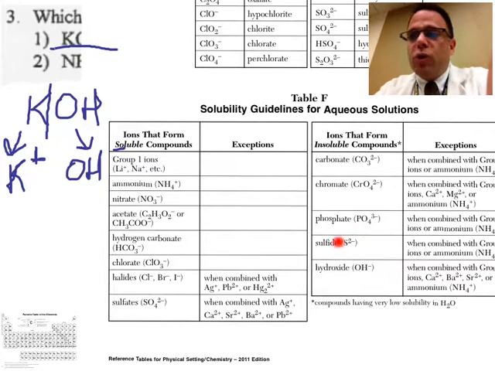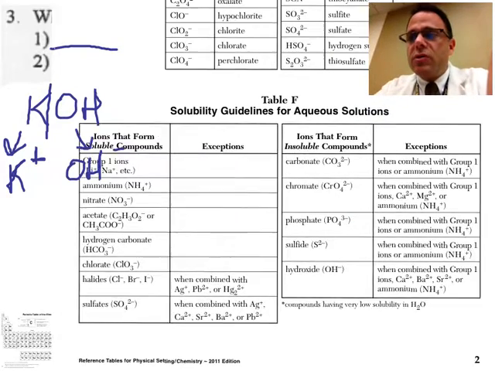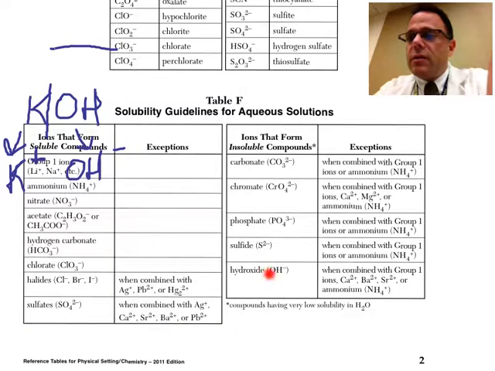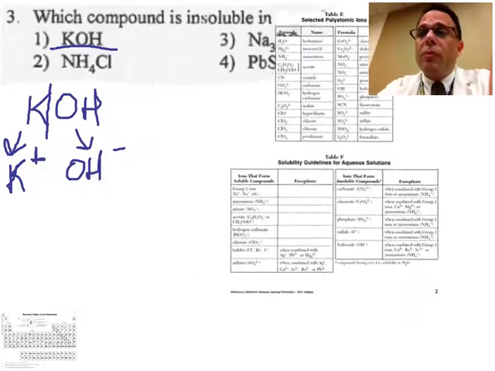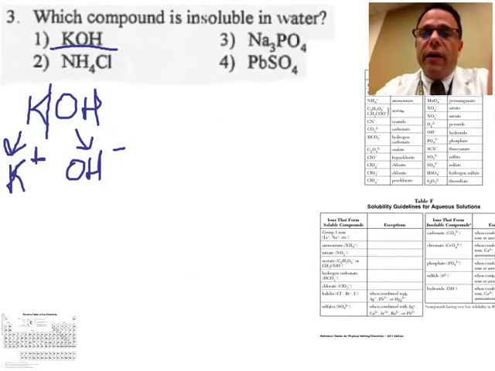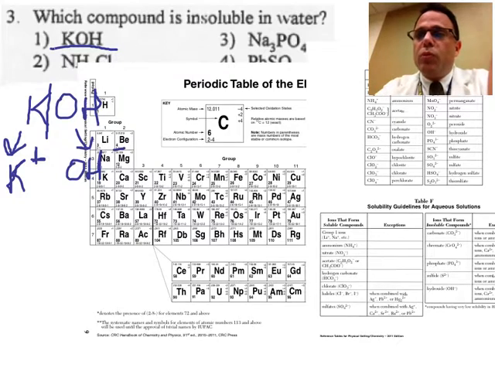I see hydroxide right here, which means that hydroxides are insoluble unless, let's see what the exceptions are, unless they are in combination with group 1 elements, calcium ions, barium ions or strontium ions, or even ammonium ions. Now, do we have any of those in potassium? Well, take a look. You've got to know a little bit more about potassium. It said group 1 ions. And is potassium group 1?